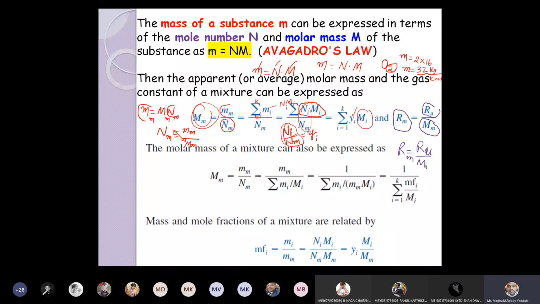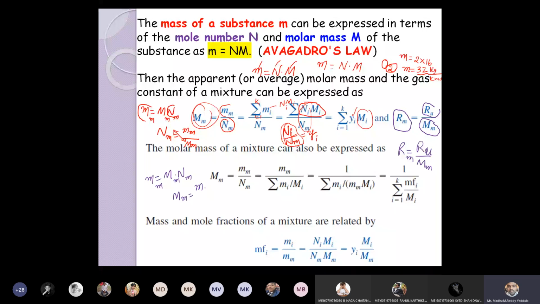Similarly, the molar mass of the mixture can also be written as, we know mass of the mixture is equal to molar mass into number of moles, for the mixture MM and NM. From this, MM is equal to the mass of the mixture by the number of moles of the mixture. That's why we have written it here.